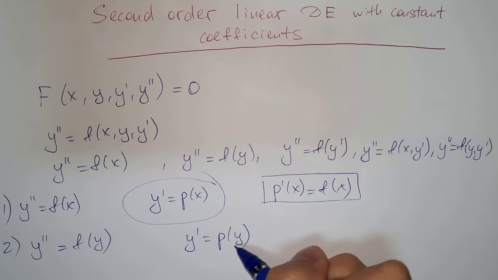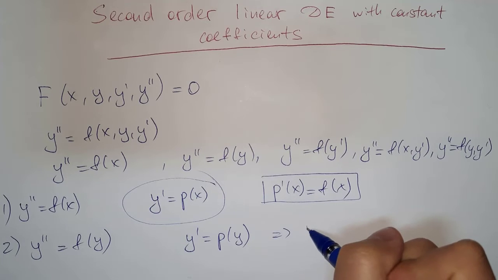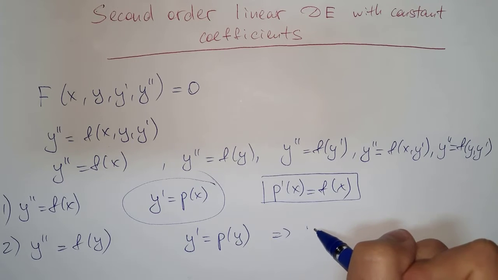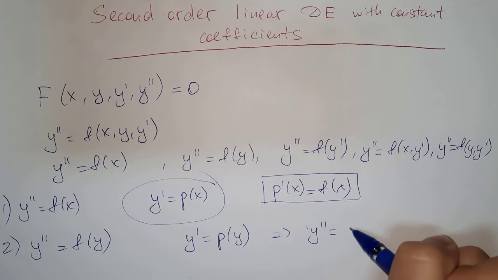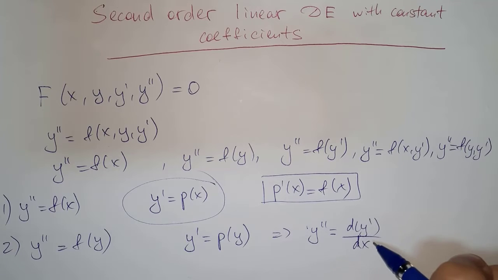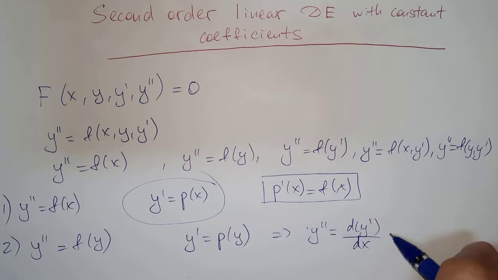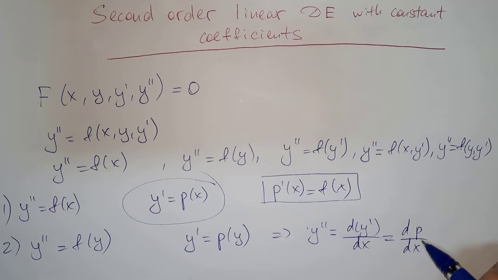Then we can write y double prime as d of y prime over dx, the derivative of the first derivative. This is the second derivative. And now y prime is p, so it will be just dp over dx. So now what we'll get here.